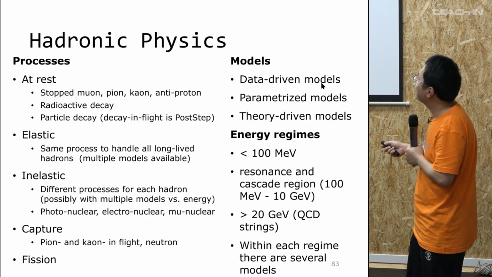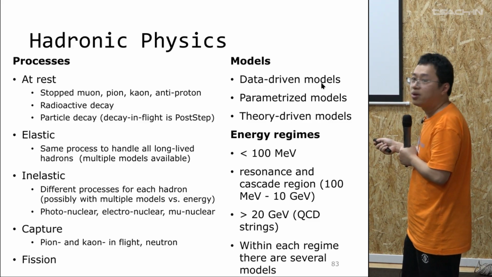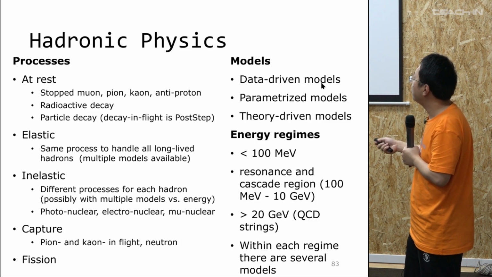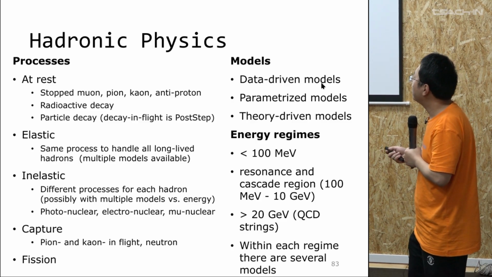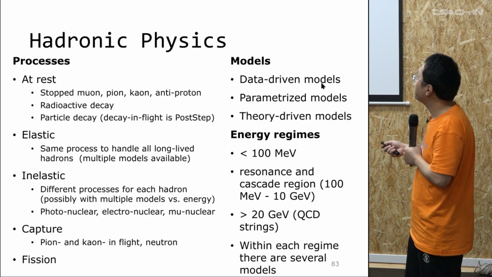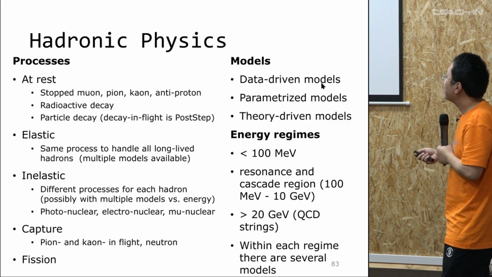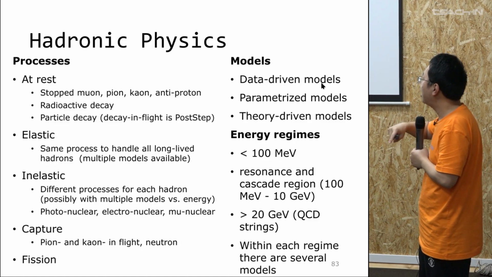For example, stopped muon or pion. So this will be invoked as at-rest processes, and some are radioactive decay, and also some particles can also decay. So they are all implemented in the at-rest part, and some are elastic. So this is like to handle some long-lived hadrons.